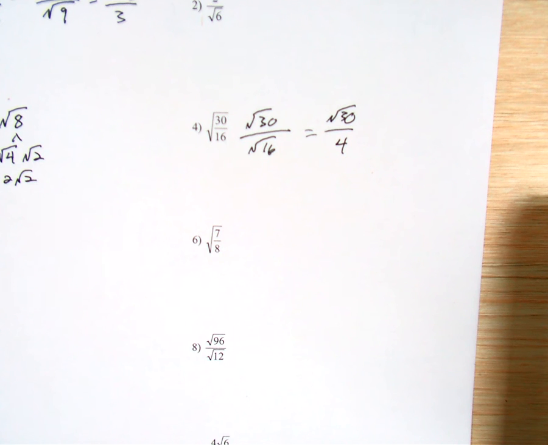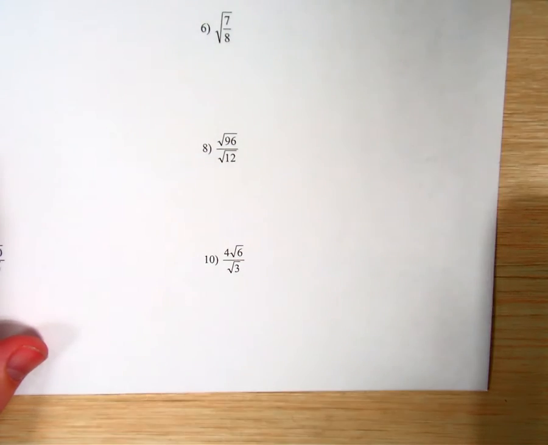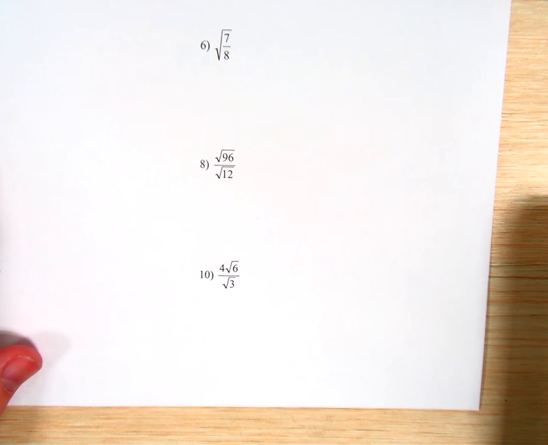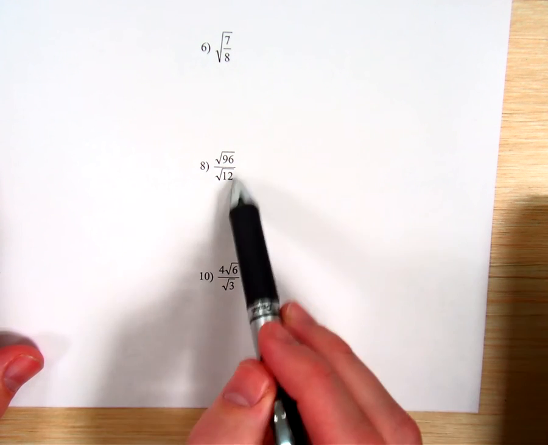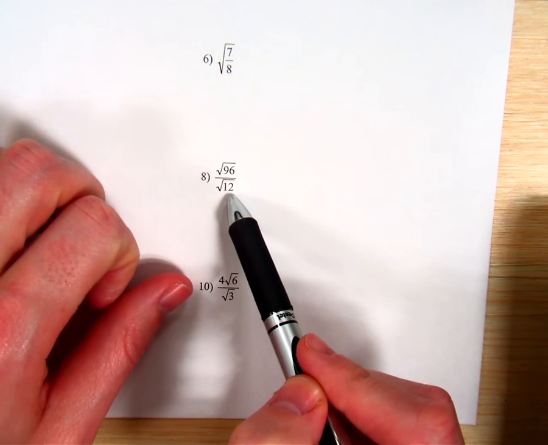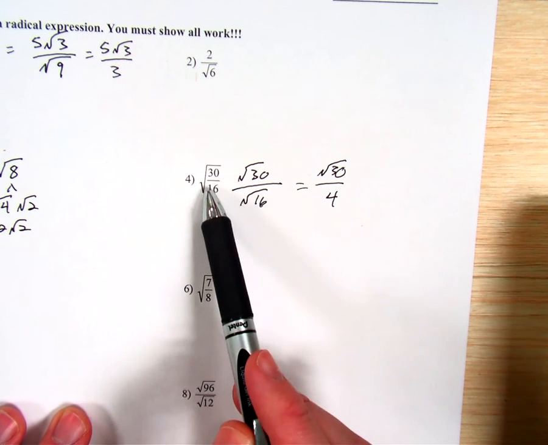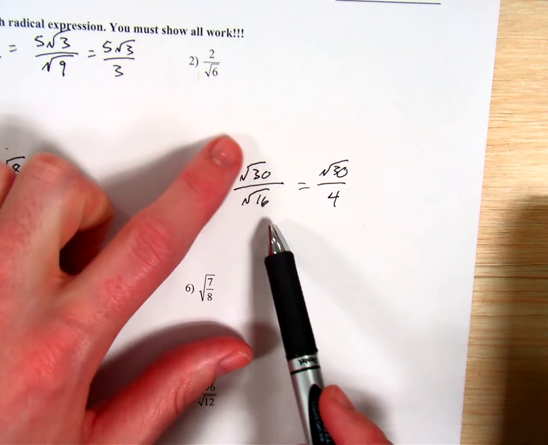Alright. And what's another one that we could see here? How about number 8 down there. We got the square root of 96 over the square root of 12. They're already split up, but just like how we took one jumbo one and split it up into 2, you can go in reverse.